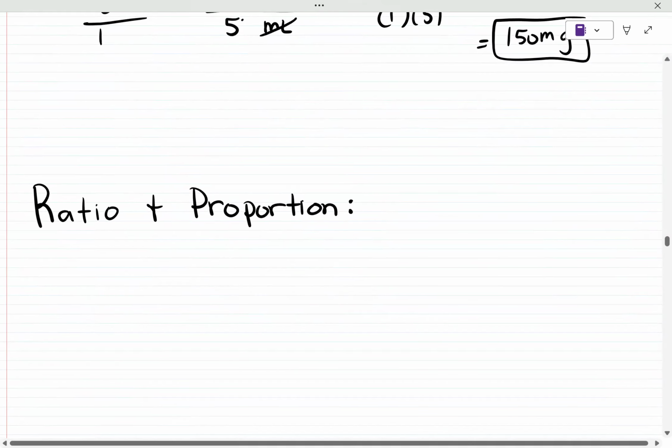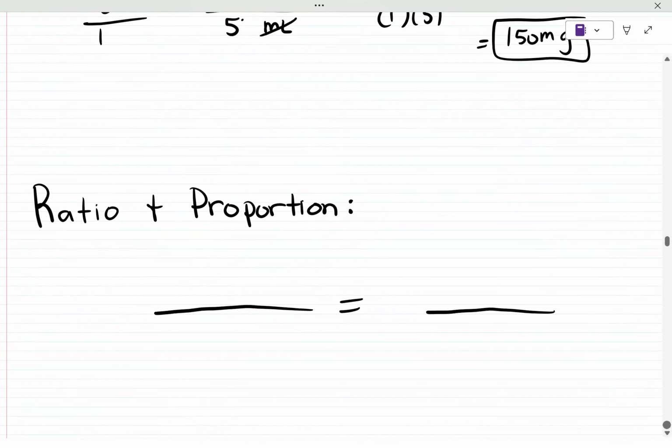Okay, ratio and proportion. So ratios is going to be milligrams on the top, milliliters on the bottom, milligrams on the top, milliliters on the bottom. For 100 milligrams, there's 5 milliliters. And then for X, that's 7.5 milliliters.